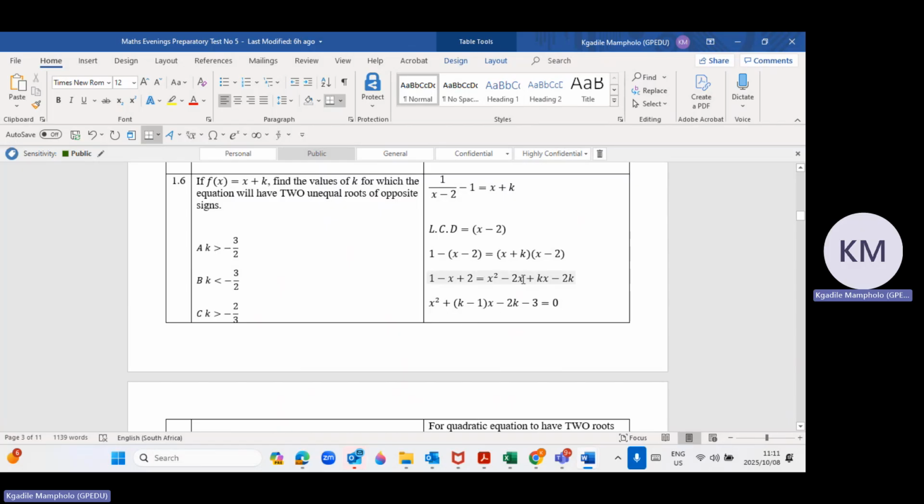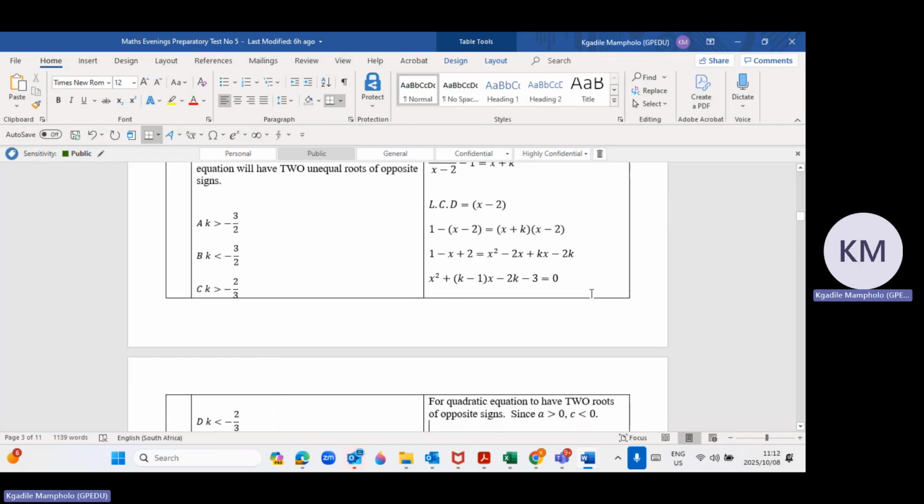So since you have two terms, which is minus x, after you transpose this one to be kx minus x, then you take out x as a common factor because these two terms have x. Then you take 1. You see 1 plus 2 is 3. You take 3 to the other side, then it will be minus 3. Then you write your equation in standard form.